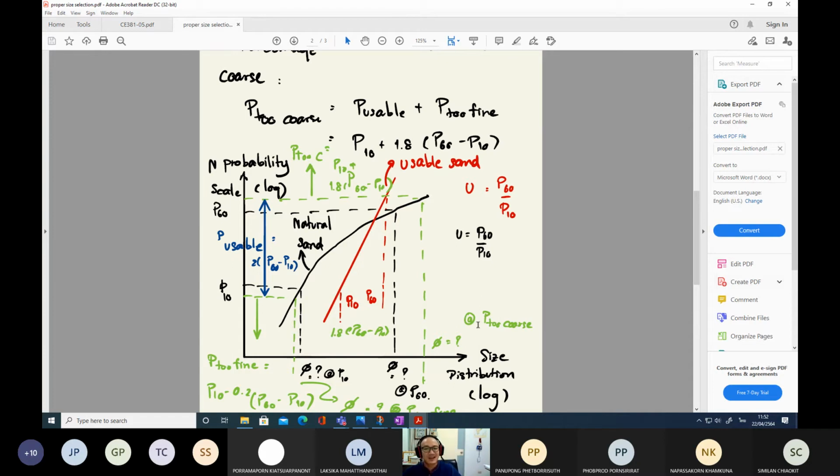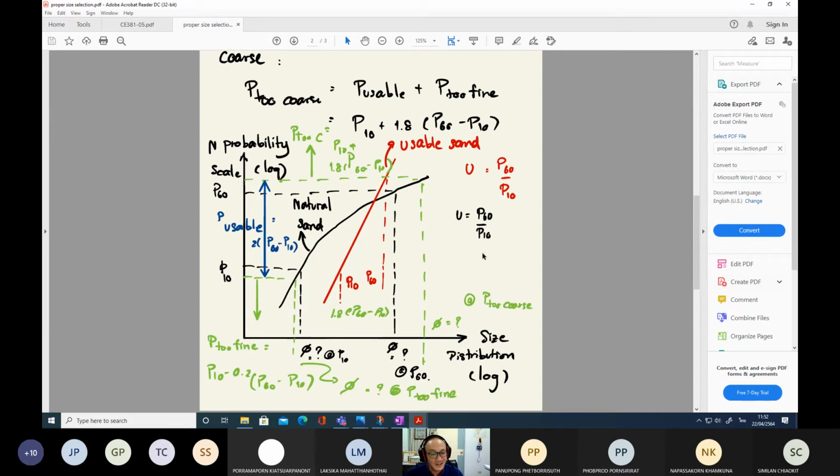But the problem is, what is the key criteria for the usable sands to be put in the filter? We will decide the characteristic of the sands based on the effective size.